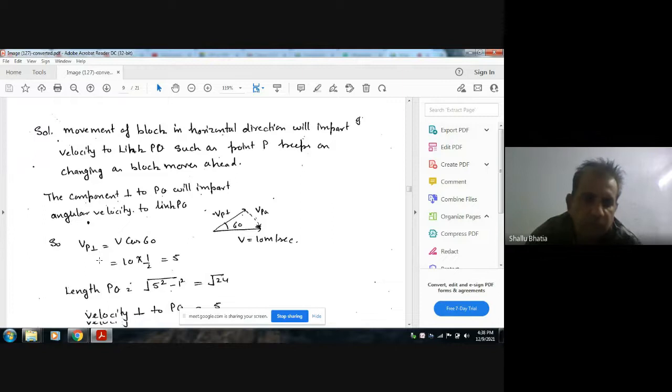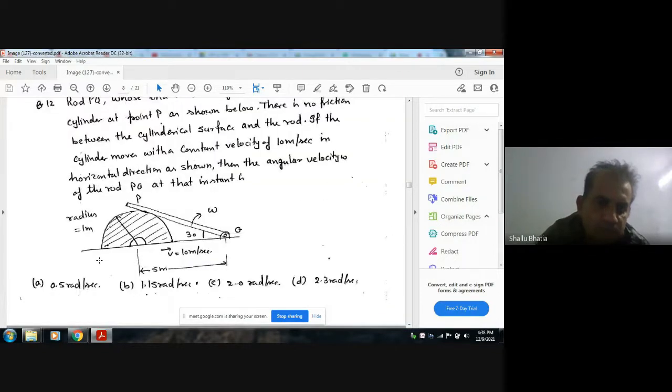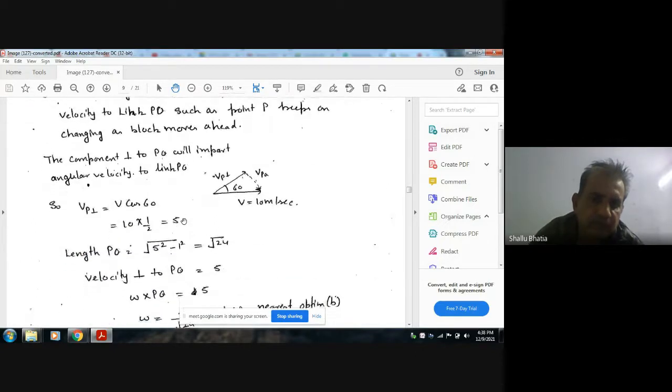So V perpendicular is 5. For the length of PQ, this angle is 90 because it's changing, so this is a right angle triangle with sides 5 and 1, and 5 is the hypotenuse. So you can find PQ: 25 minus 1, it will be 24.